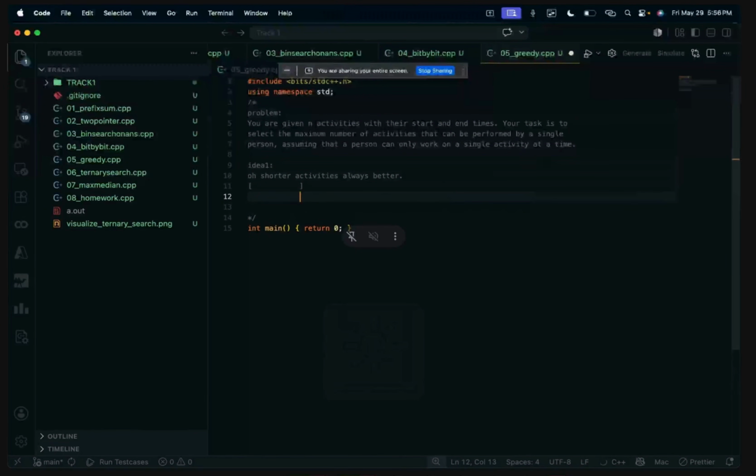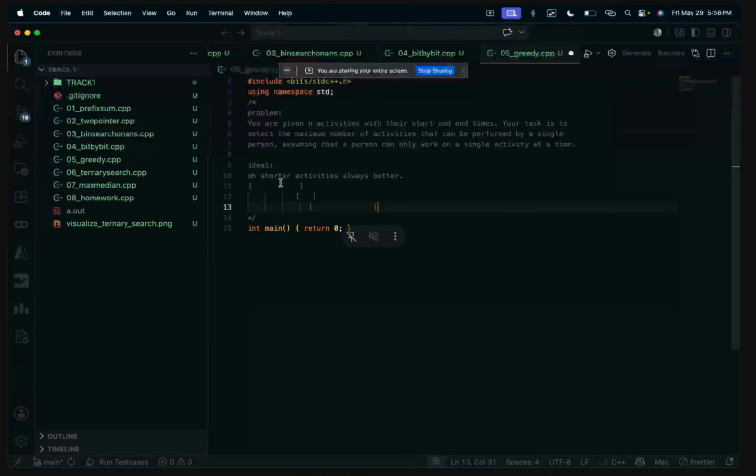Say you have a movie which starts at 1 and ends here, and say you have another show which starts here and ends here. So the brackets represent the starting and ending times of the show or the activity, and say you have another movie which starts here.